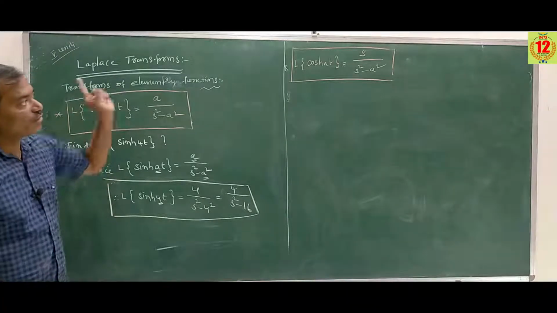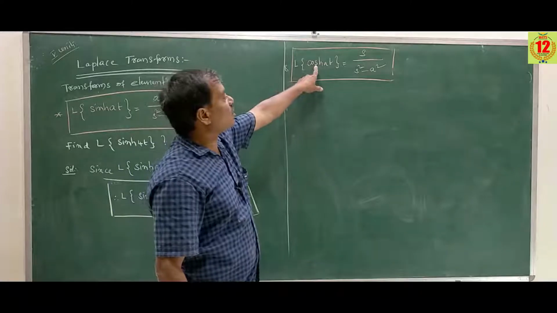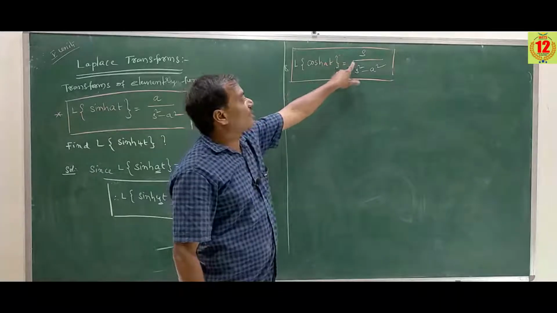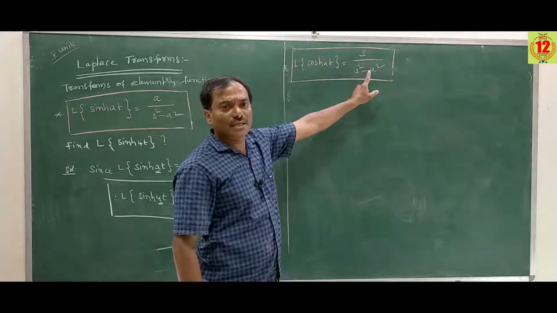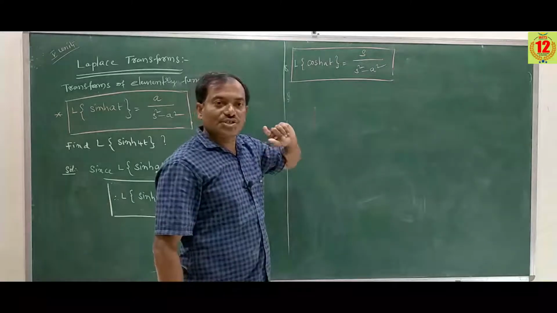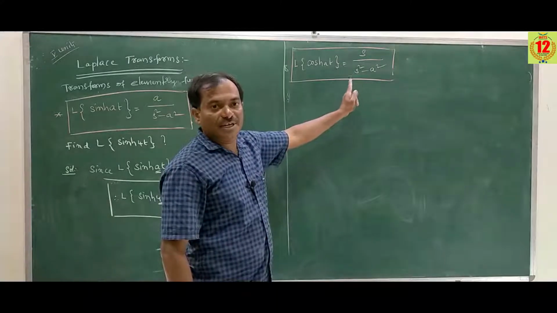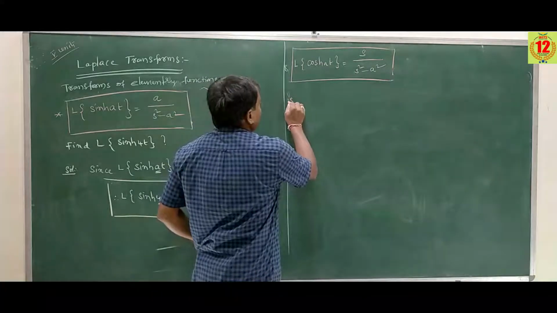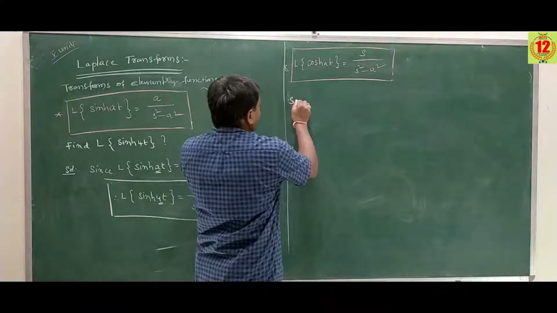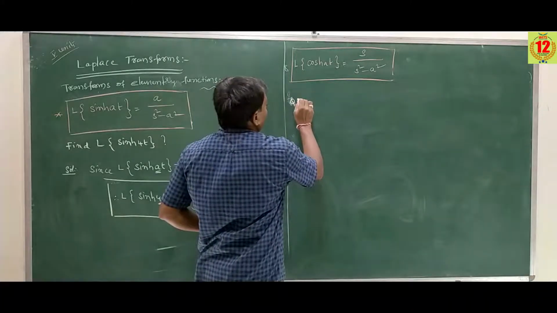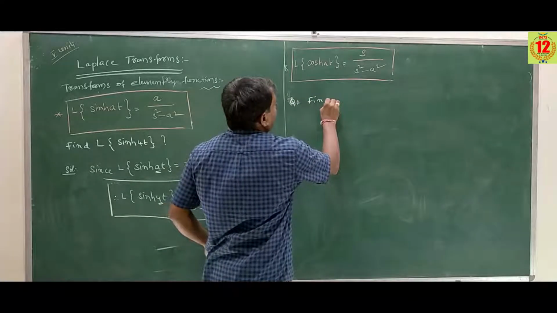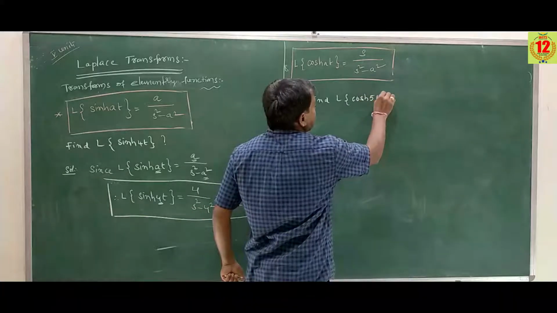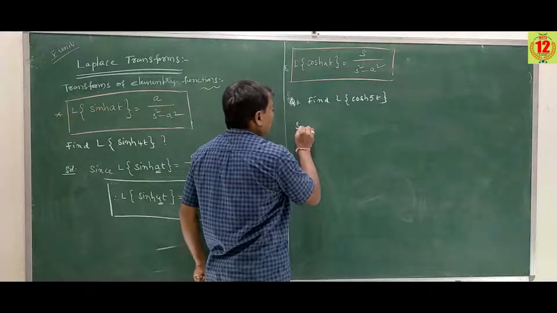Similarly, we have one more elementary function, cosh at. Laplace transform of cosh at equal to s by s square minus a square. This is the standard transform of the elementary function cosh at. We will see one example based on this function. The question is: find the Laplace transform of cosh 5t. Solution.